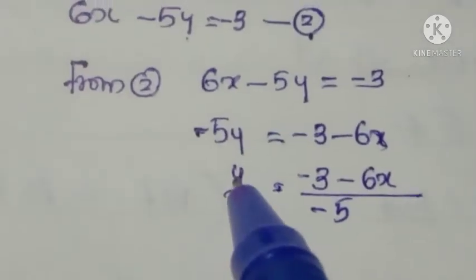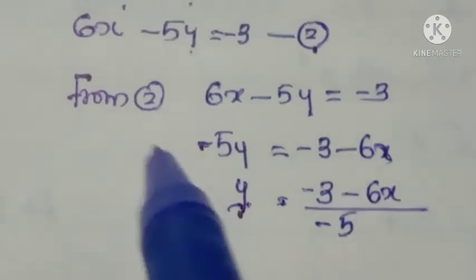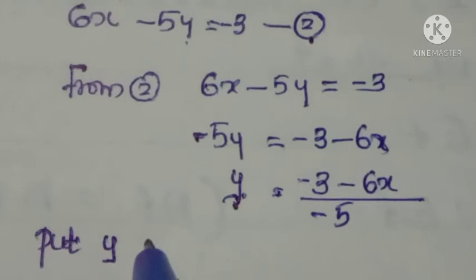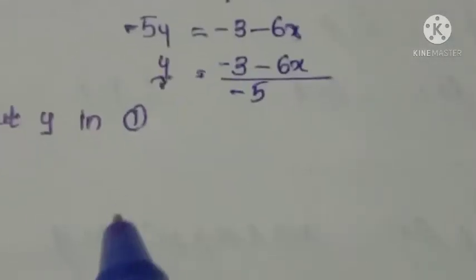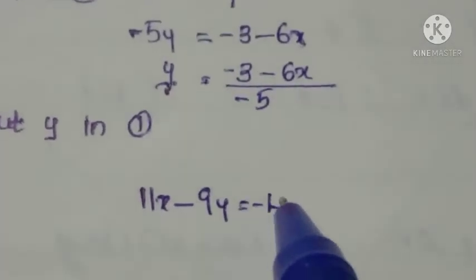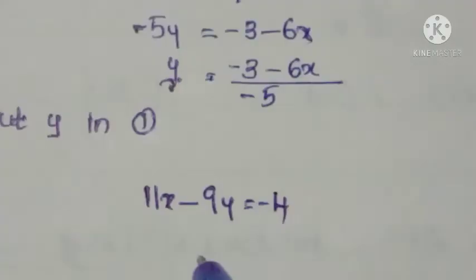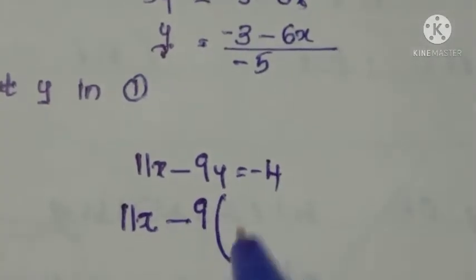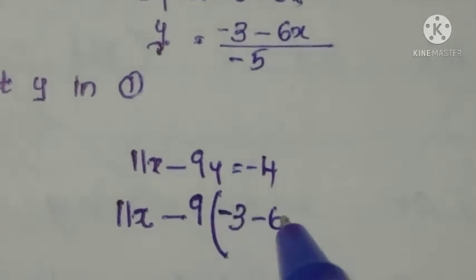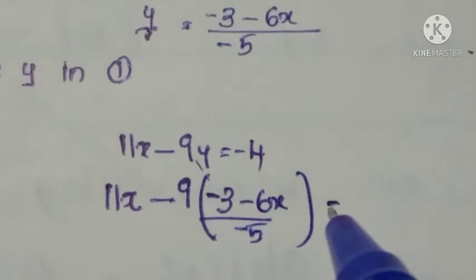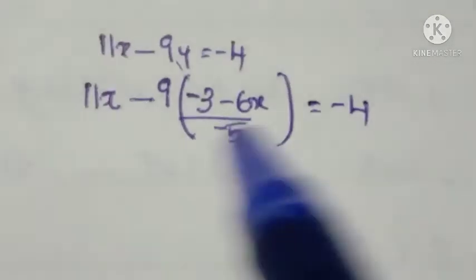Now put or substitute this y value in equation 1. What is equation 1? Equation 1 is 11x minus 9y is equal to minus 4. Now put this value here. It is 11x minus 9 into minus 3 minus 6x by minus 5, that is our y value, equal to minus 4.